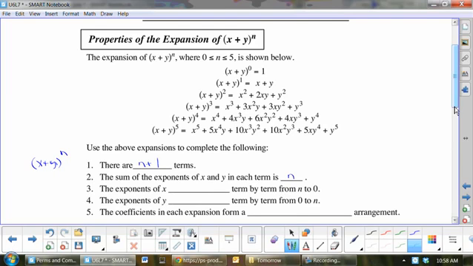The exponents of x do what term by term from n to 0? Decrease. The exponents of y do what from 0 to n? Increase. The coefficients of each arrangement form what type of arrangement? Triangular or symmetrical is more.